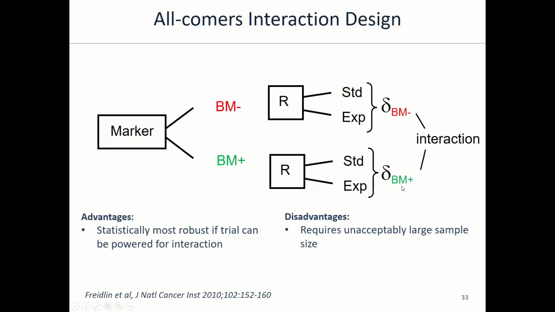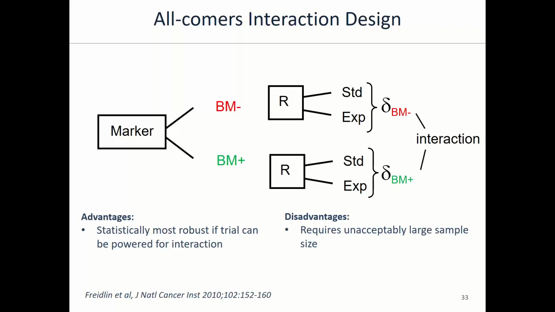Treatment effects are estimated in both strata, and the study is powered to pick up the interaction, the difference in treatment effect between the strata. This would be statistically the most robust design. It would show the predictive value of the biomarker, but as it requires an unacceptably large sample size, it is not often implemented.